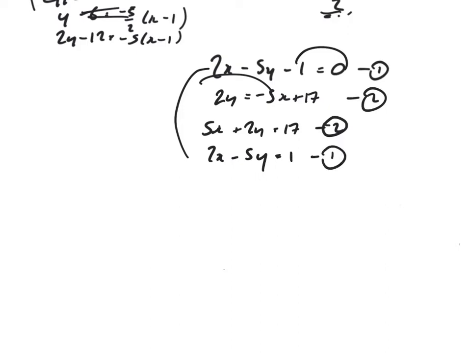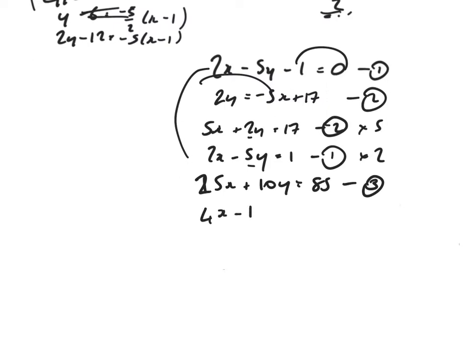Okay, so I could get rid of x's or y's. I'm going to get rid of y's in this case, so I'm going to scale these up to 10, multiply that equation by 5, that equation by 2. That will give me 25x plus 10y equals 85, and that will be equation 3, and then this one will be 4x minus 10y equals 2, and that's equation 4.